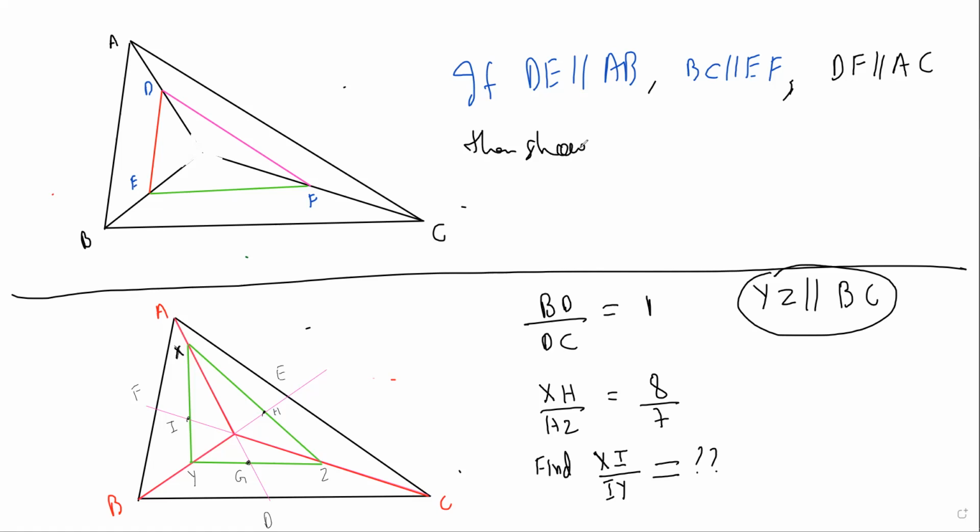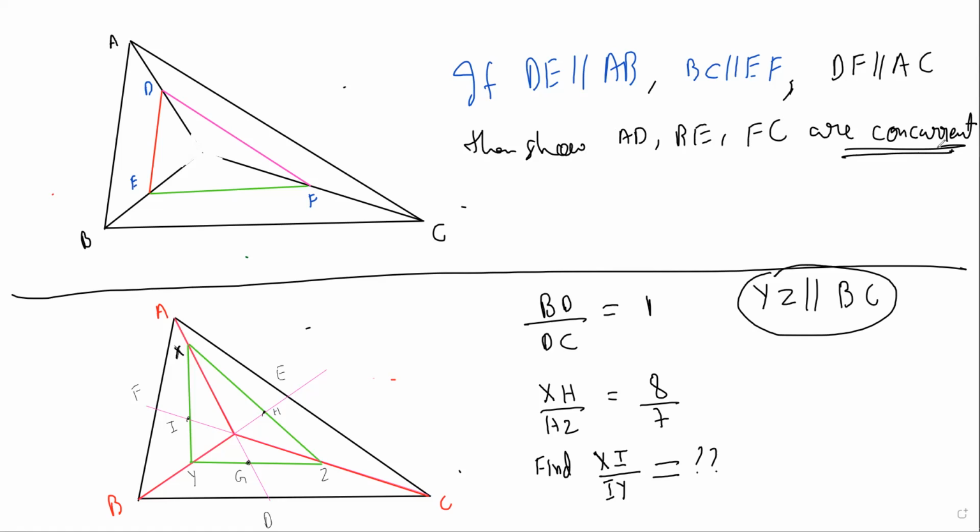show, the last problem already prepares you for this, then show that AD, BE, and FC are concurrent. Again, you can take two parallel triangles, right?